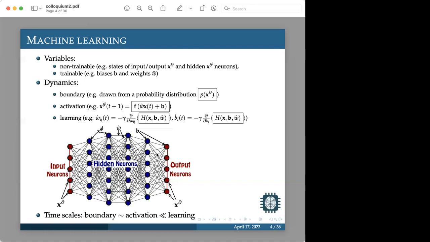And then there are 3 types of dynamics. There is a boundary dynamics, which is, you may think about some probability distribution of only the boundary neurons, only input-output neurons, like handwritten images of digits. For example, that is the input layer, so there is a distribution of pixels that describes those handwritten images.